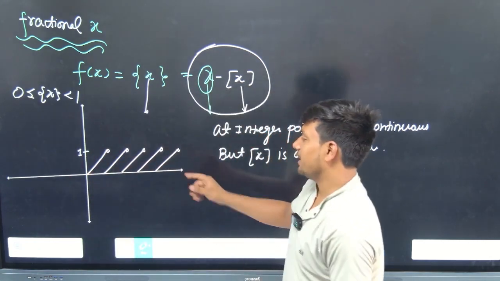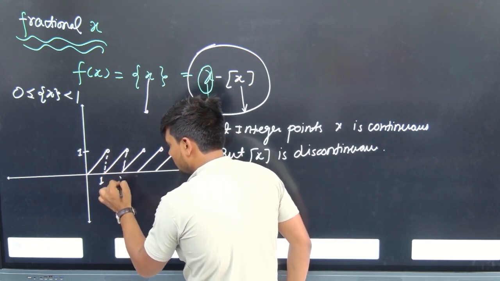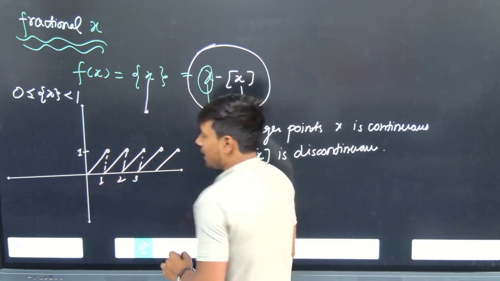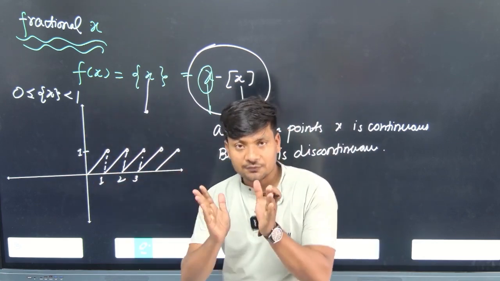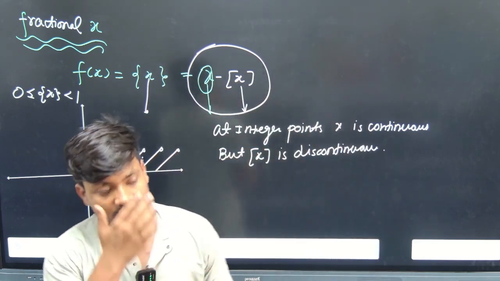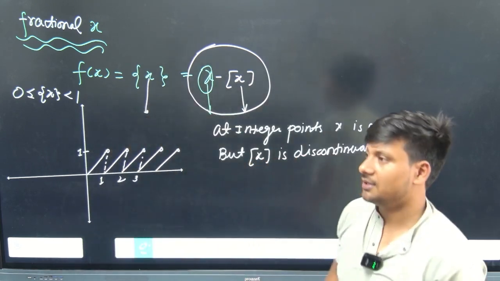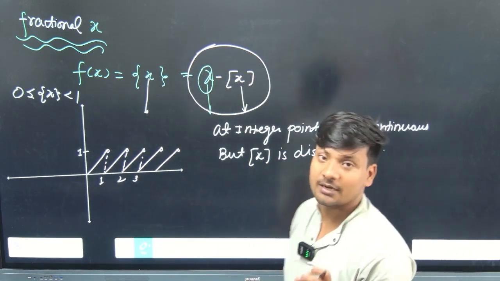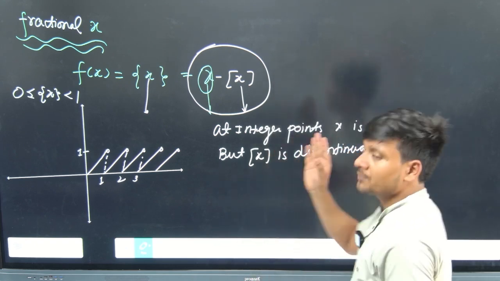You can see that at x equal to 1, x equal to 2, x equal to 3, at every integer point this fractional x is discontinuous. This is very much the same as greatest integer function: whenever x is integer, the function will not be continuous. So this is the same theory as for greatest integer function.